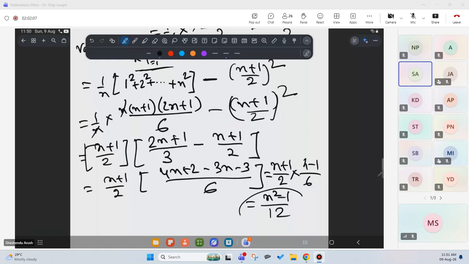Square minus 1 by 2. So this is your variance. The square root would be your standard deviation. So this is more or less the application of the formulas of standard deviation, variance and the mean in a practical scenario.